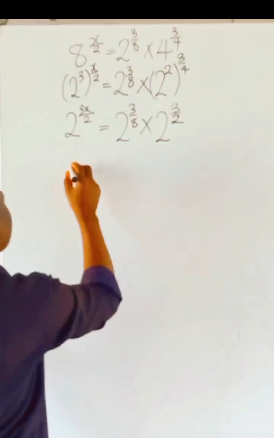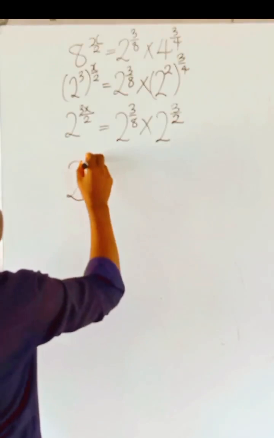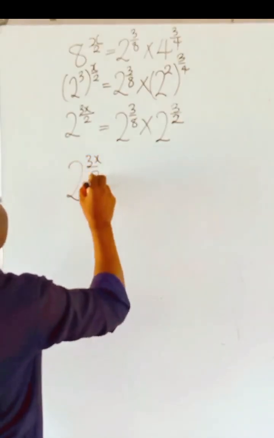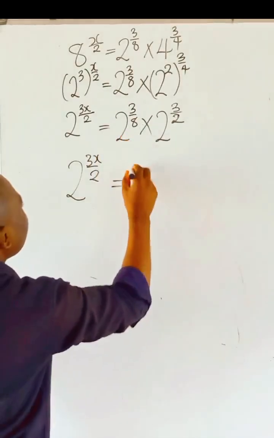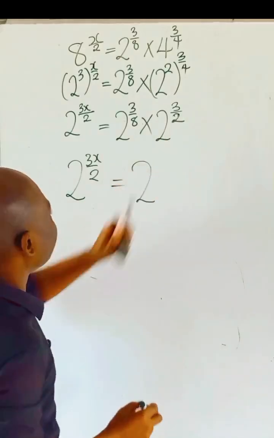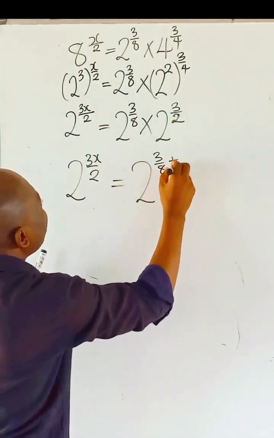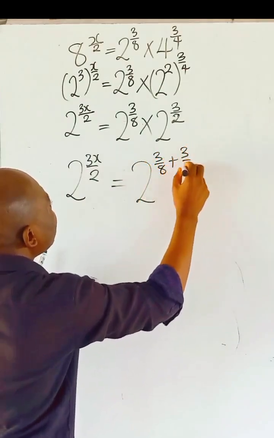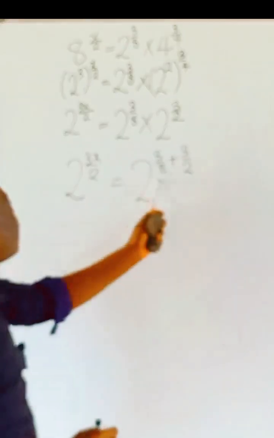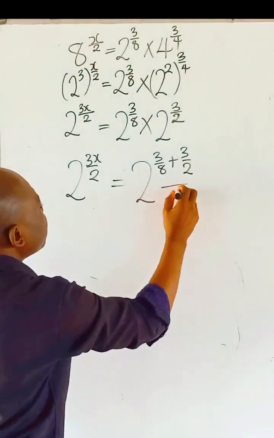So what we have becomes 2 raised to the power of 3x all over 2 equal to, we pick one of the bases and then add the powers: 3 all over 8 plus 3 all over 2. We look for the LCM, which is 8.